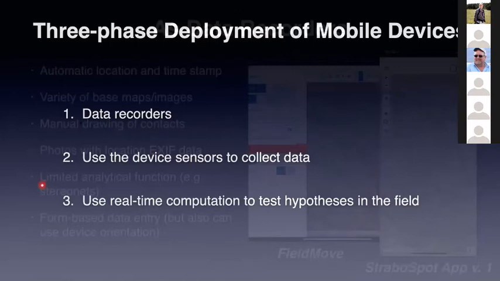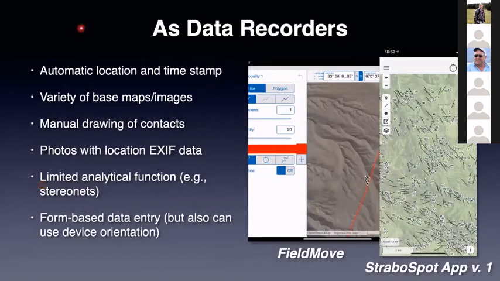Here are two predominant examples of data recorders and all of the things that they provide in the list on the left. They also have other analytical functions, and they can both use orientation of the device to collect data, but they're predominantly recording data that we collect in the field, allowing us to take satellite images in easily and so on.